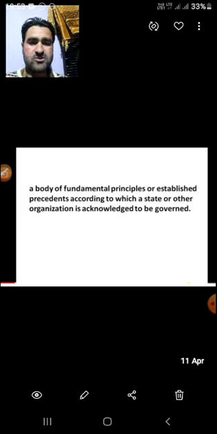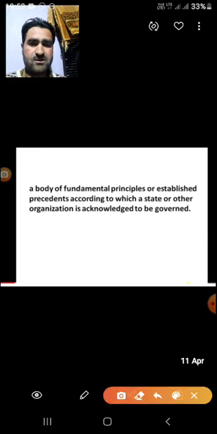It contains certain rules and regulations according to which a state or any other organization for that matter is run. So, this is the most important thing. It is a body of principles or established precedents.